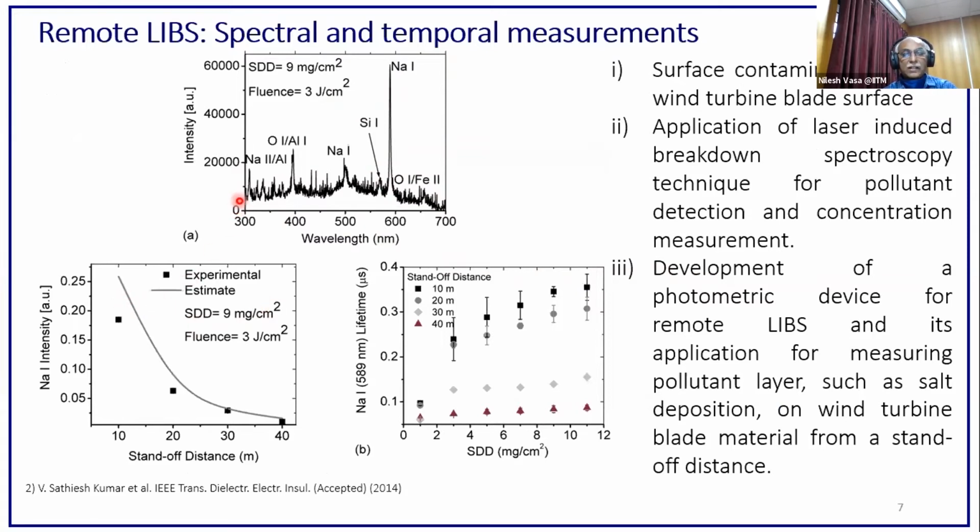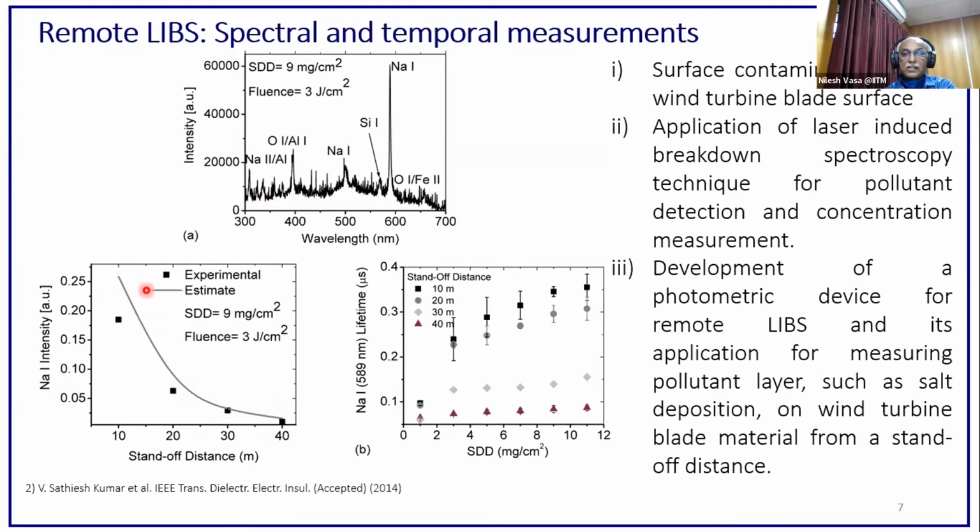What we observed with the spectral studies is, as the distance increases, of course, the sodium intensity level also decreases because of the optical window which limits this collection efficiency, and hence up to 40 meters we would be able to collect with our approach.